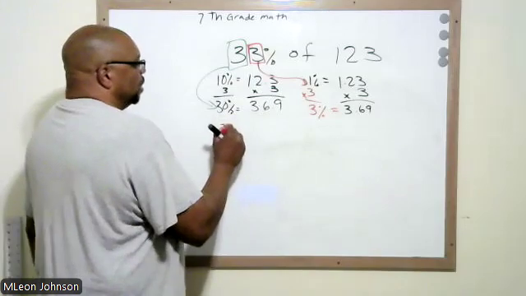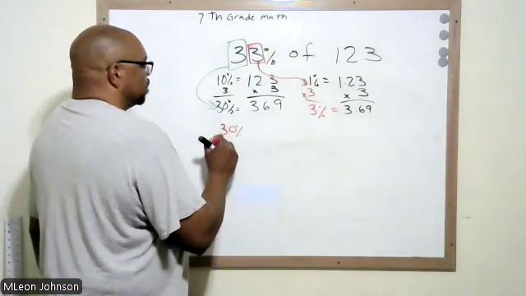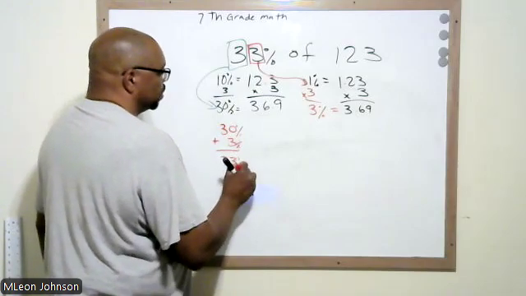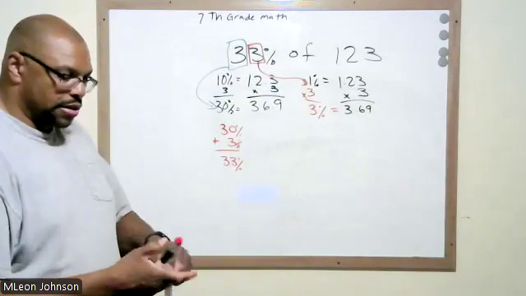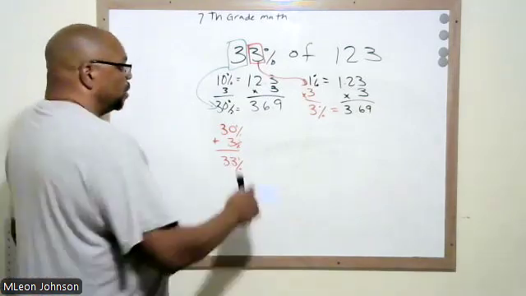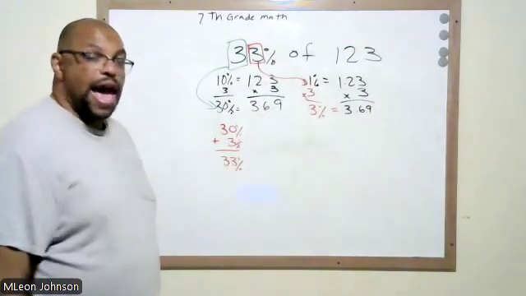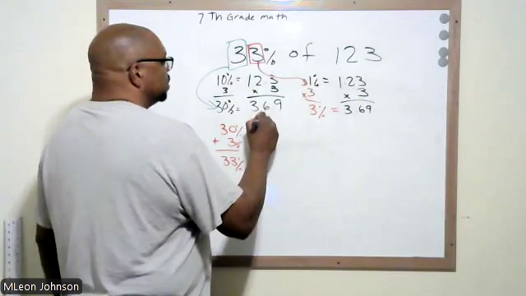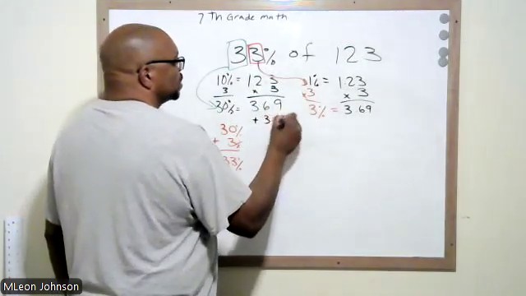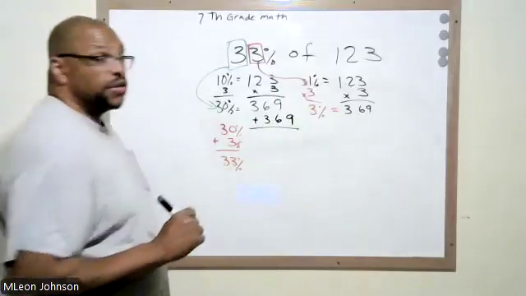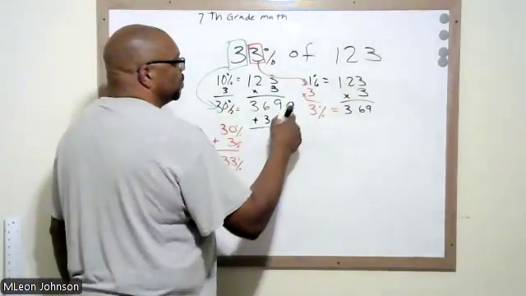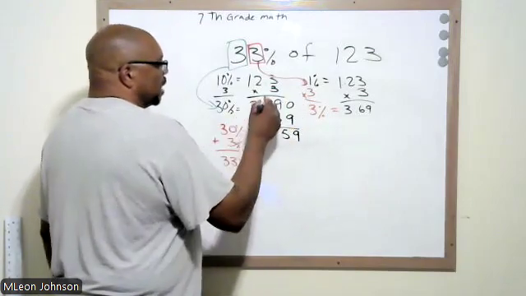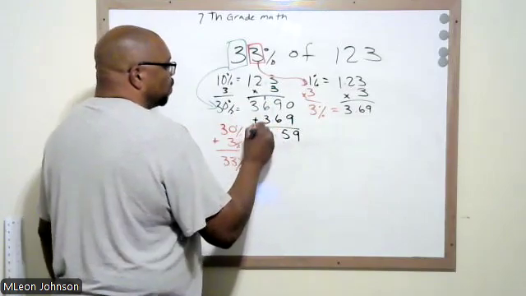So if I said 30% plus 3% will give me 33%, correct? Therefore, the numbers that represent the percent need to be added also. So we'll take 36.9 plus 3.69. So all I do now is add that together. If I put a 0 there, that's just going to be 9. 15, carry the 1. That's 10, carry the 1, 4.